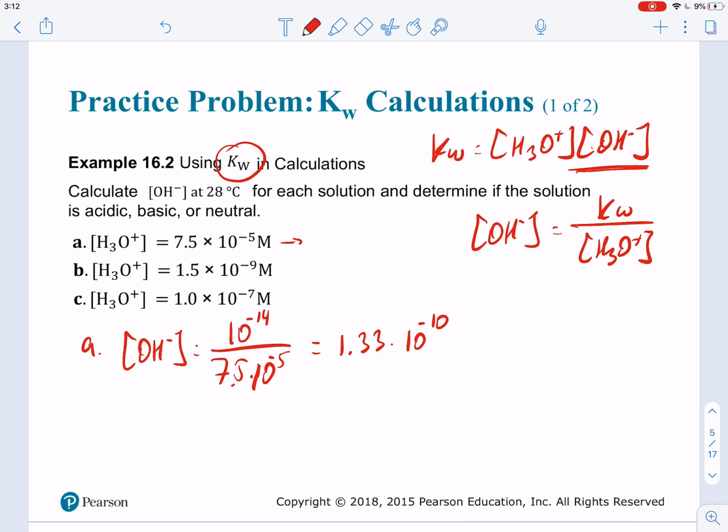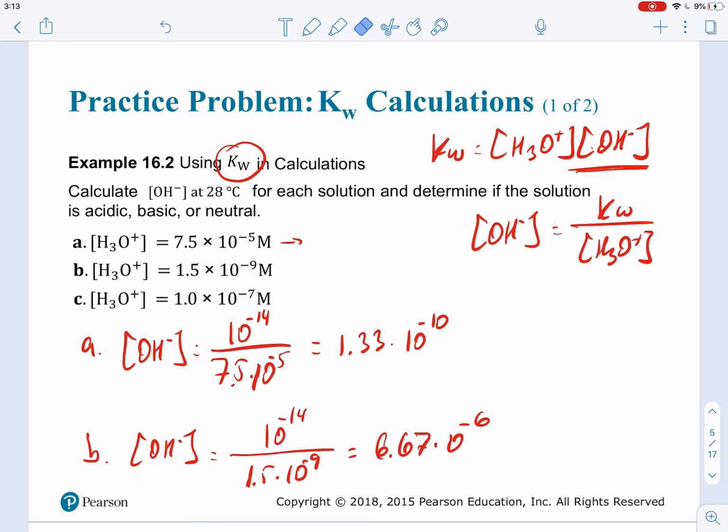In the second case, for B, the concentration of OH minus, similar expression, is 10 to the negative 14 divided by 1.5 times 10 to the negative 9. And this is going to be equal to 6.67 times 10 to the negative 6.